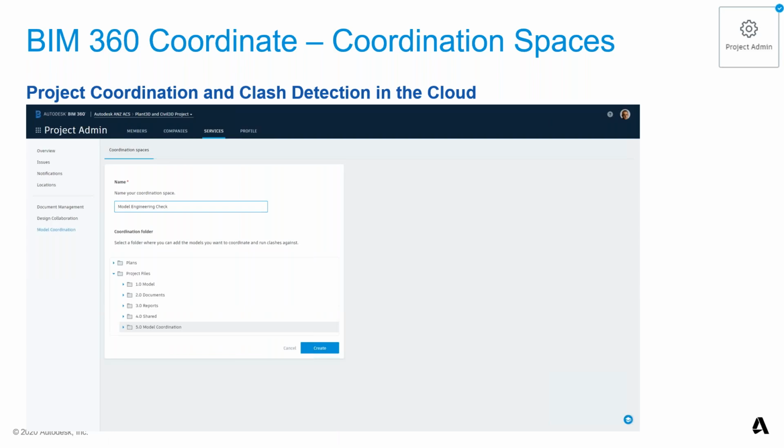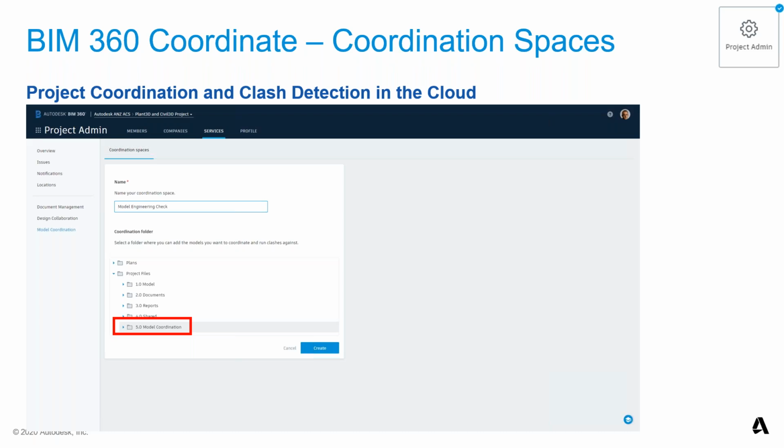Coordination spaces are simple to define from the project administration module of the BIM 360 account. First, you name the coordination space and then choose a BIM 360 folder representing the space containing the files you want to use in coordination.